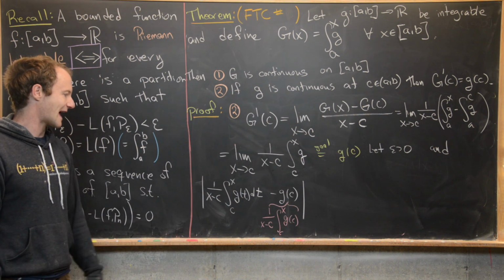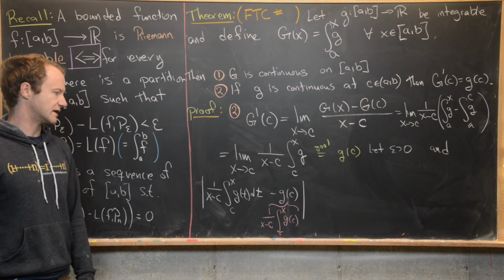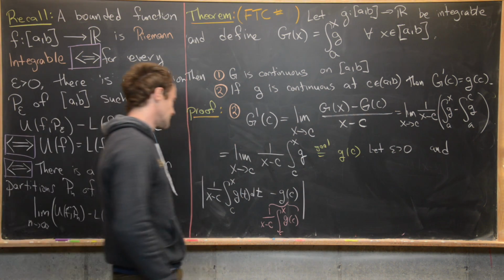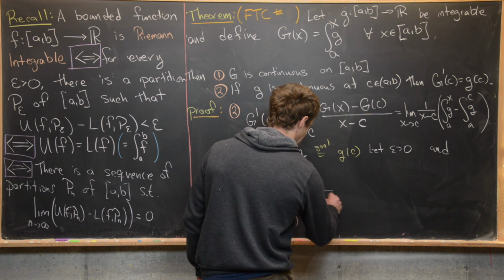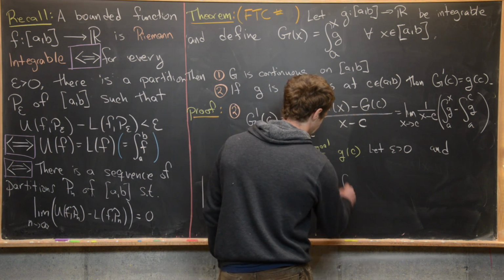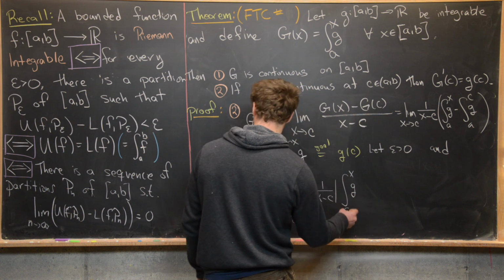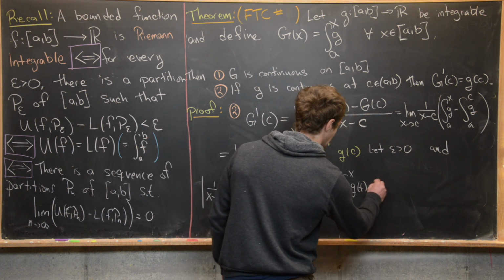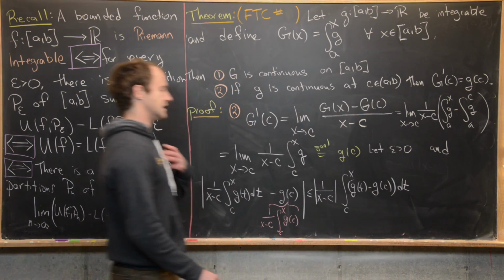Also, we can bring the absolute value inside by applying the triangle inequality for integrals. So this is less than or equal to 1 over x minus c times the integral from c to x of g of t minus g of c, all dt.